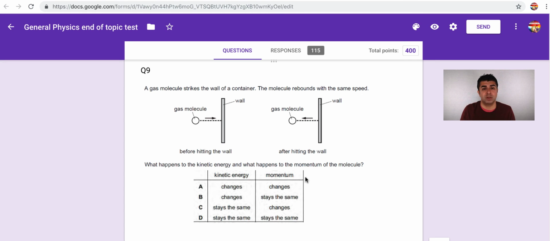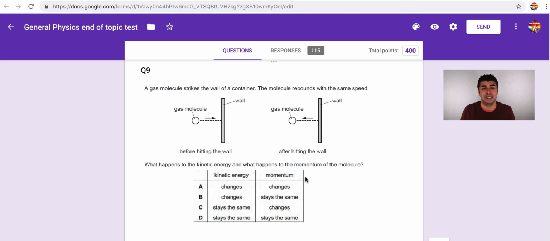So what I'd like you to understand is the individual momentum of the gas molecule will not be the same before and after, for a couple of reasons. First of all, it's also changing direction, and momentum is a vector. It has magnitude and direction. Secondly, it's the total momentum before a collision and after a collision that's conserved.